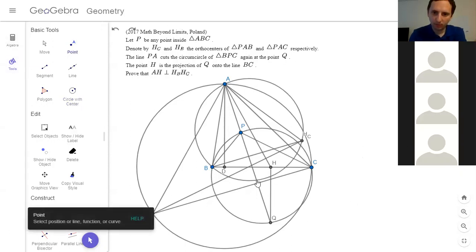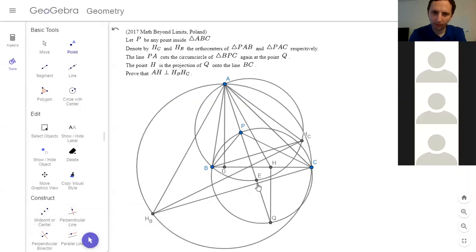I don't know if it's worth drawing these points, or I'll just hide it for now. I wonder if we could do stuff with isogonal conjugates.